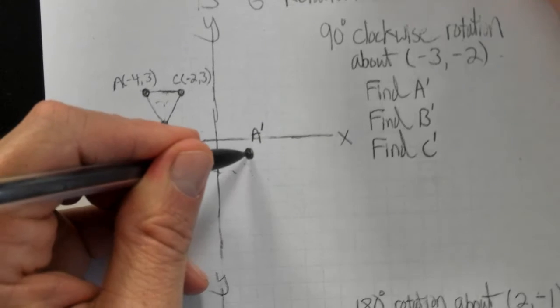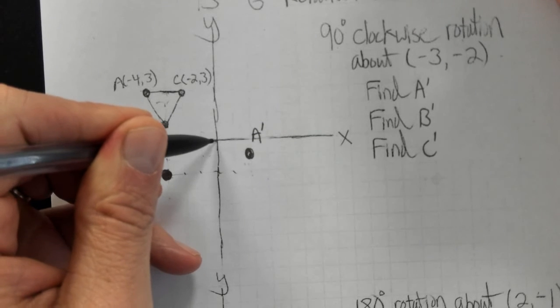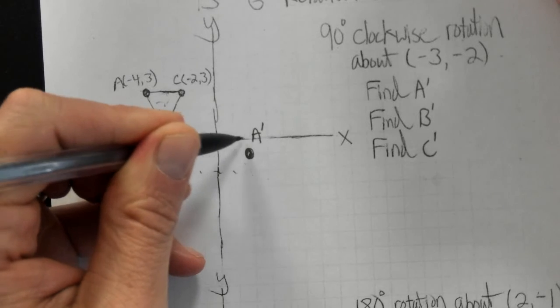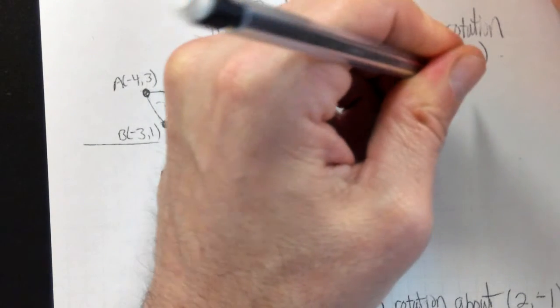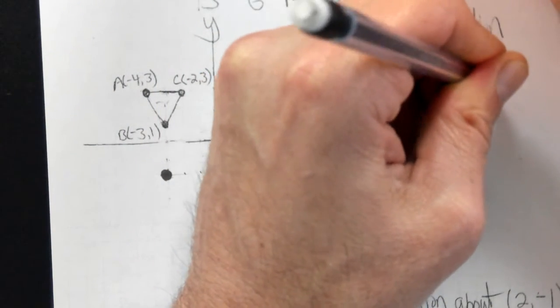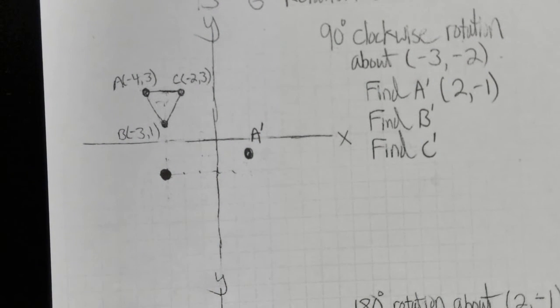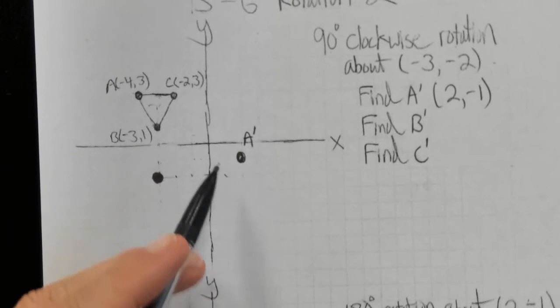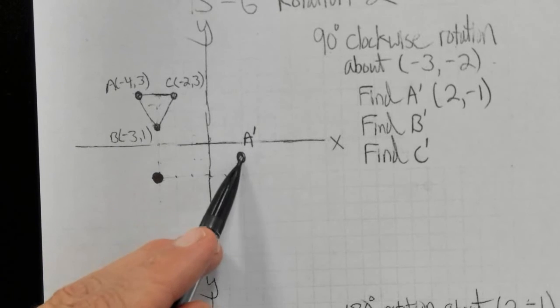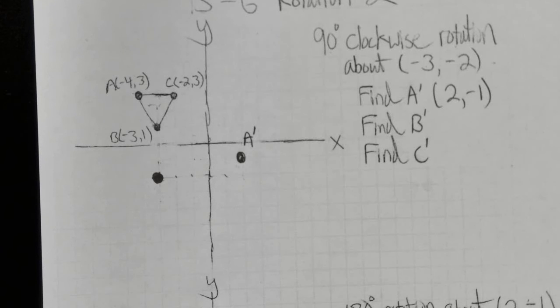What's the coordinate? This is the only time we go back to 0, 0. The coordinate is 2, -1, which is the correct answer. Again, make sure that you are rotating around the center of rotation. The only time you go back to 0, 0 is to count the coordinates for the answer at the very end.